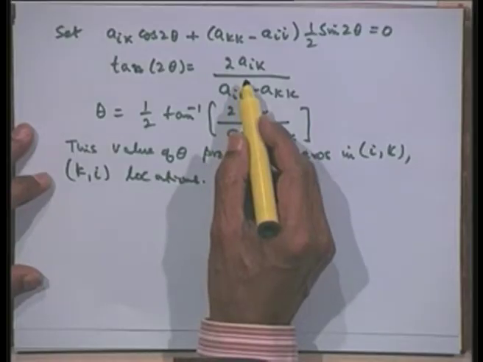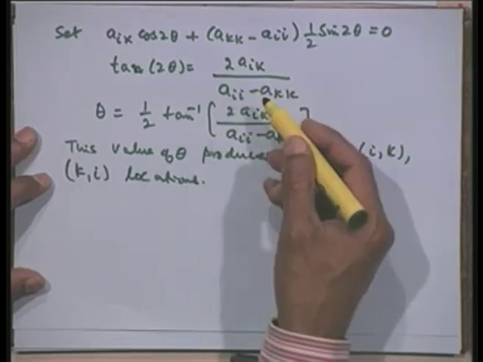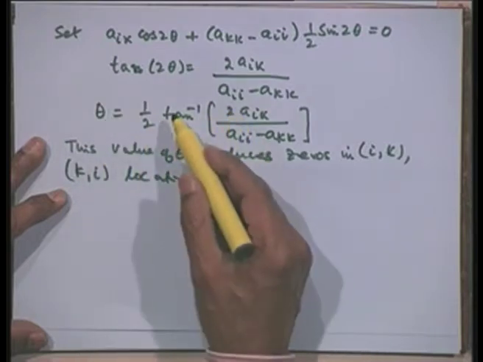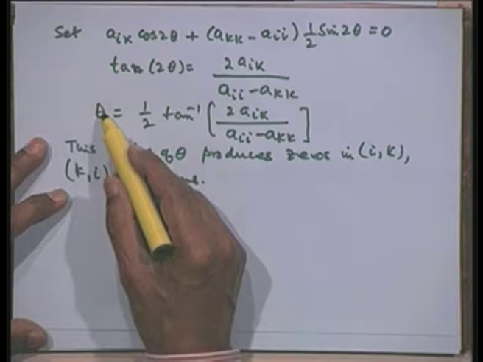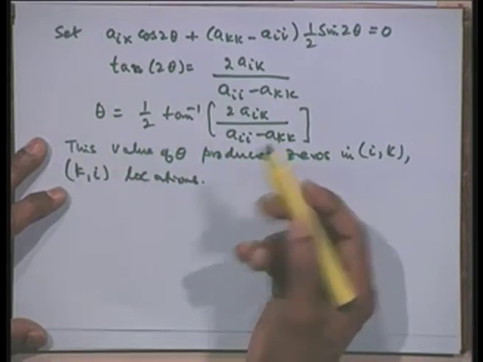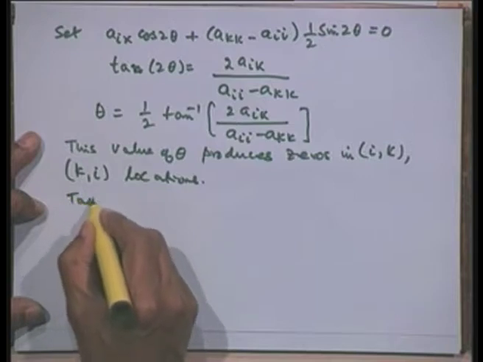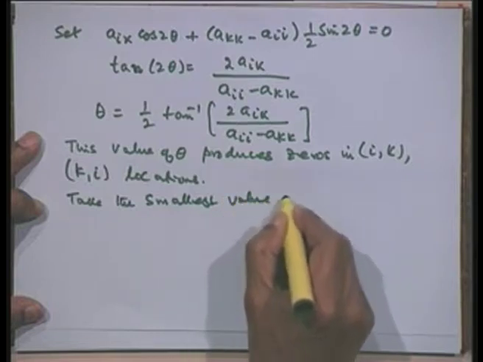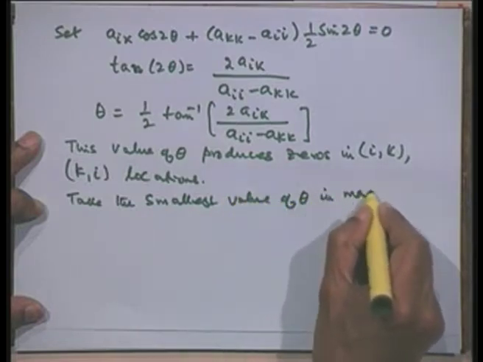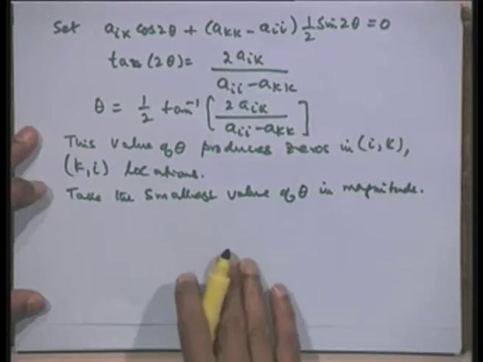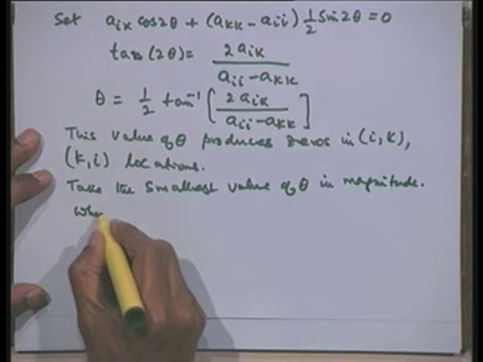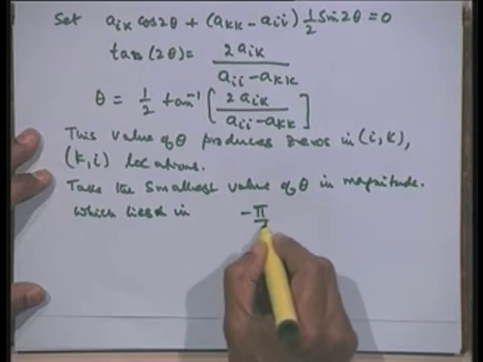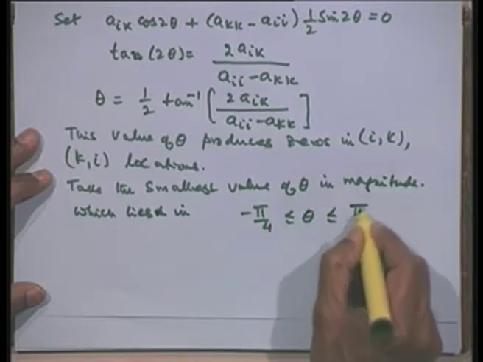Now, tan 2 theta has got a number of solutions. More than one solution is available, but we would like to choose that value of theta which gives us the smallest rotation of all possible. So, that means we would like to take the value of theta lying between minus pi by 4 to plus pi by 4. So, take the smallest value of theta in magnitude, which lies in minus pi by 4 less than or equal to theta less than or equal to pi by 4.